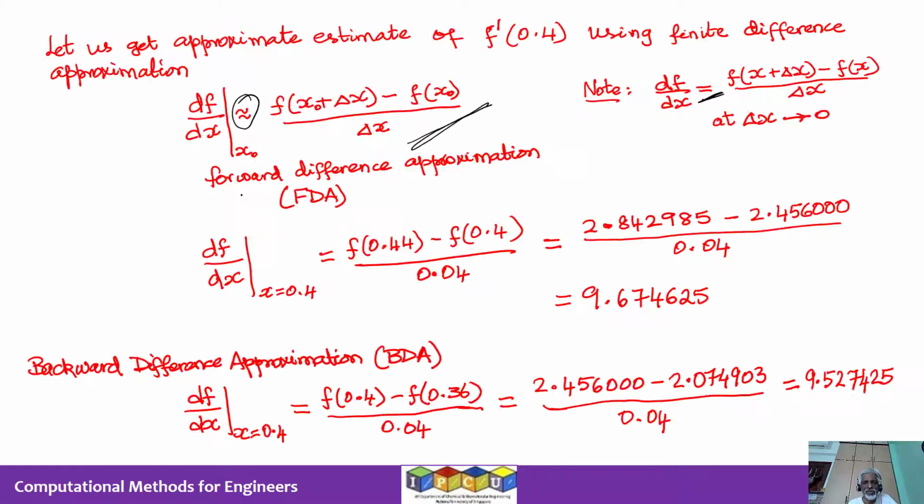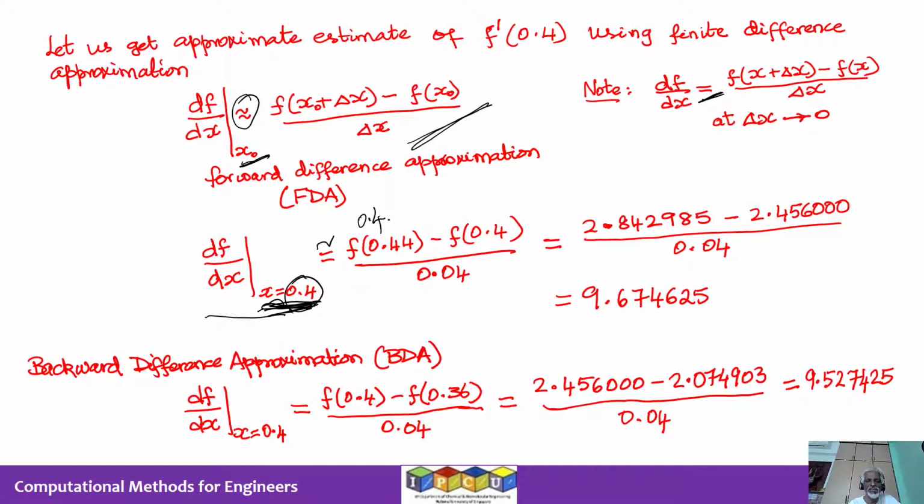In any case, df by dx should be approximately equal to the function value at x naught plus delta x. So x naught is 0.4 because we are trying to find the value of the derivative at x is equal to x naught. So x naught is 0.4.